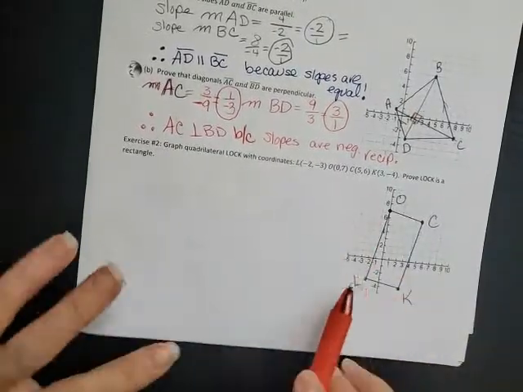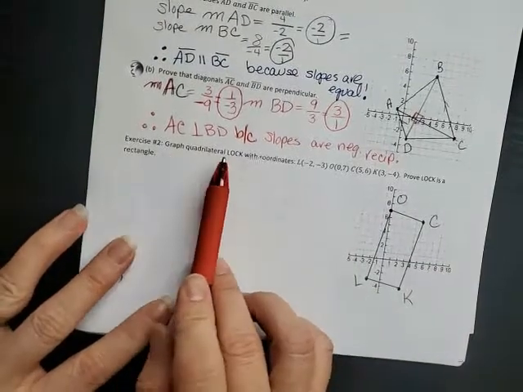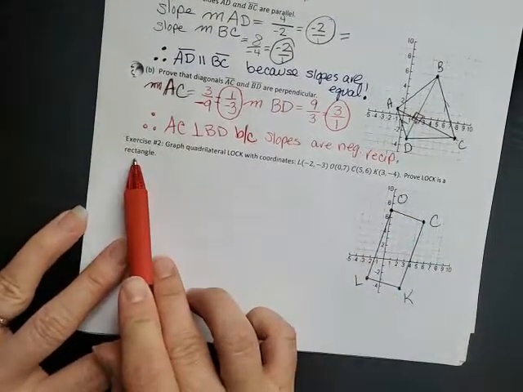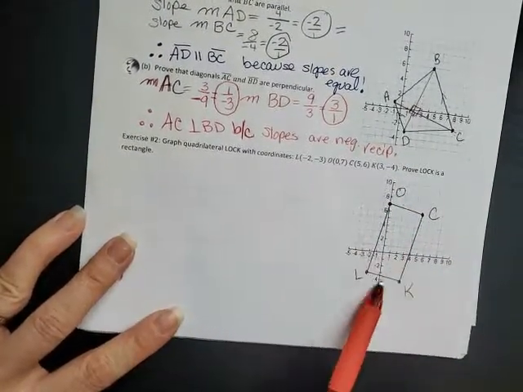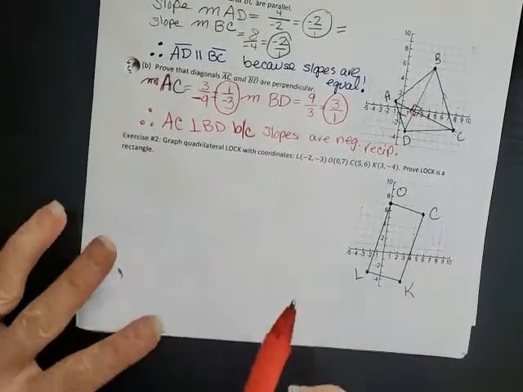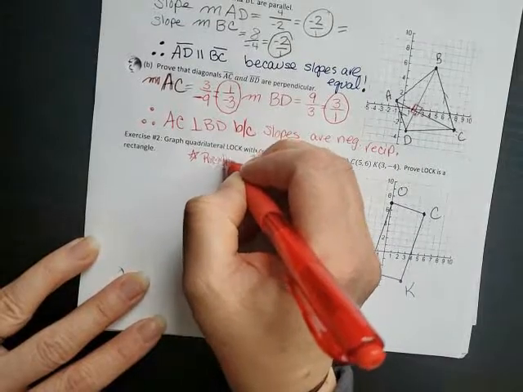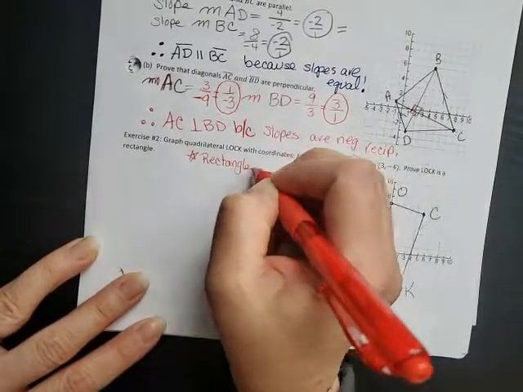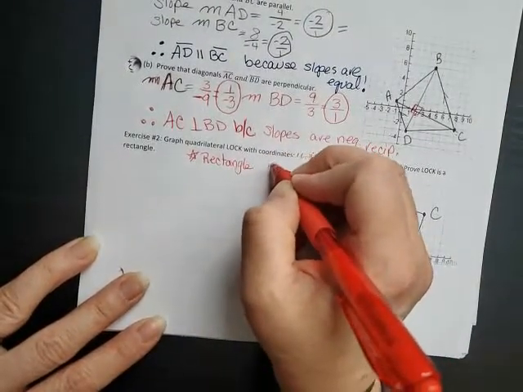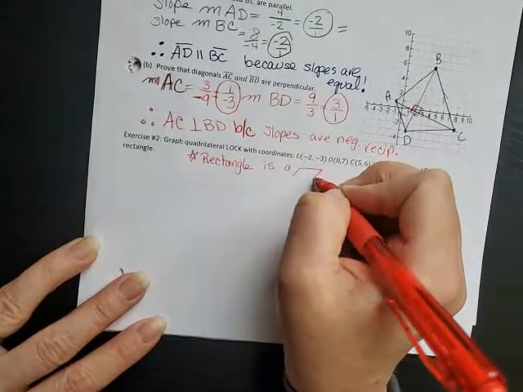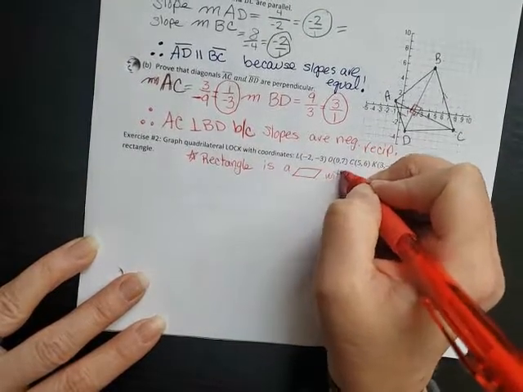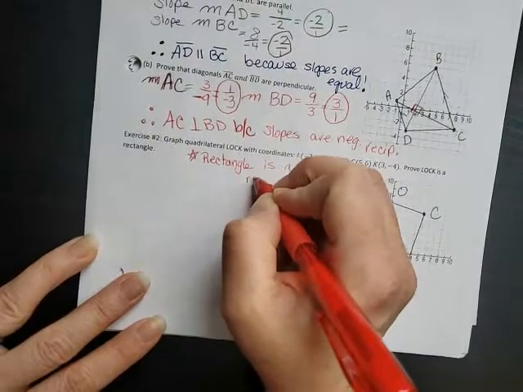So after we've graphed those four ordered pairs, it asks us to prove that LOCK is a rectangle. So we need this to be a rectangle. In order for a shape to be a rectangle, remember, a rectangle is a parallelogram with right angles.